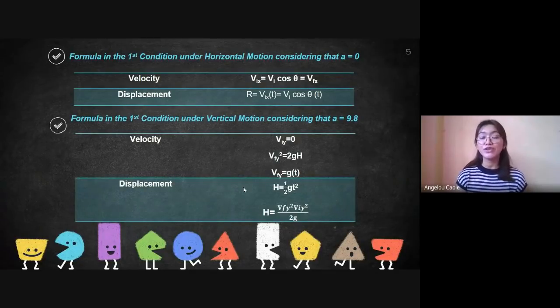Next are the different formulas under the first condition. When we say first condition, we are referring to the horizontally launched projectile. It has two components: the horizontal component and the vertical component, or the horizontal motion and the vertical motion.